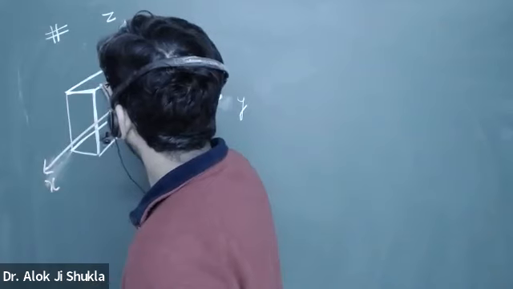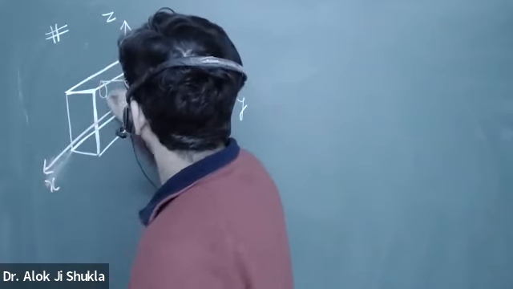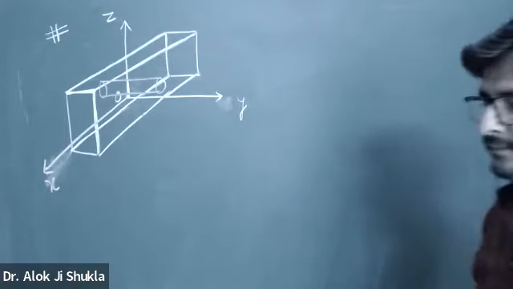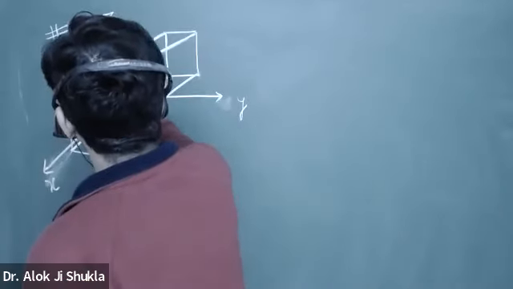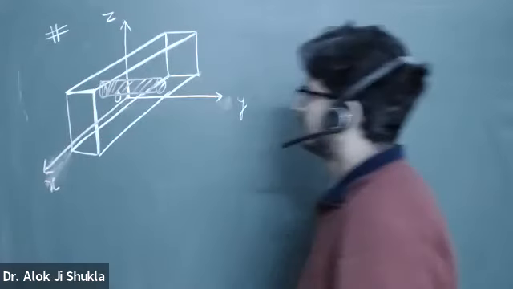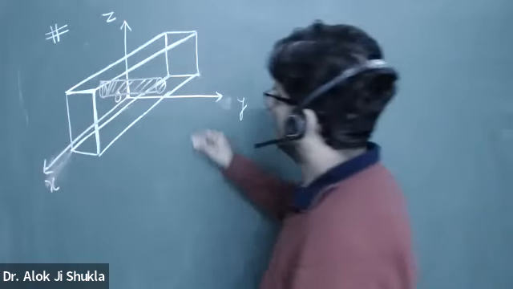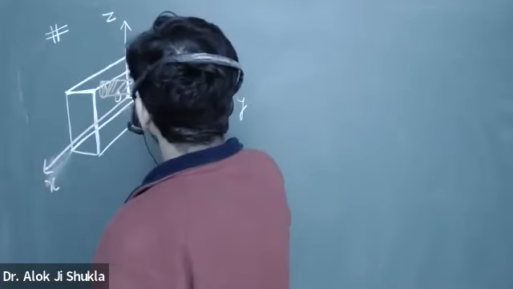Cylinder will be perfectly fine for this. So make a cylinder that is coming out of this like this. It is perpendicular. So this cylinder is parallel to, can you understand the geometry? This cylinder is parallel to which axis? Y axis. Very good. So let us take this small area as capital A.